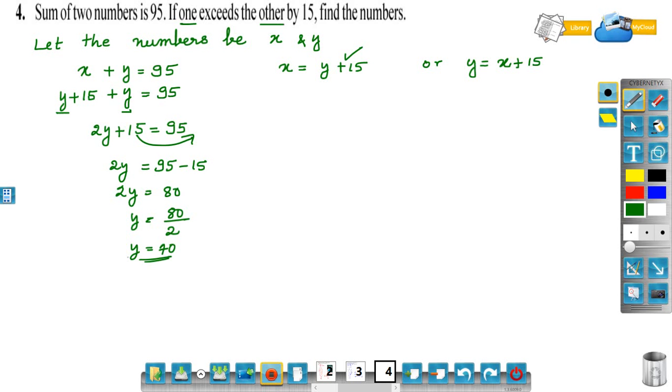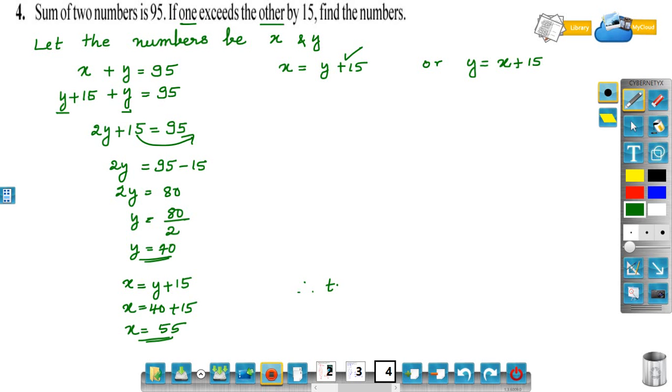We got one number. One number is 40. So what is the other number? We want x. Then x is equal to y plus 15. So we got y as 40, plus 15, so x is equal to 55.